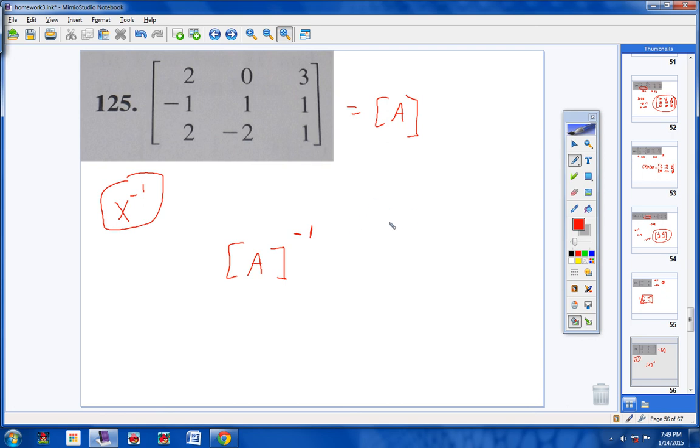1 half, 1 half, 0. Negative 1, negative 2/3. And then negative 1 half, negative 5/6.